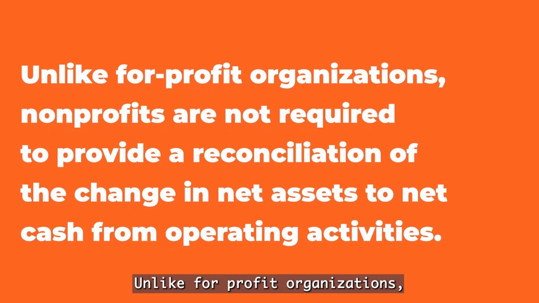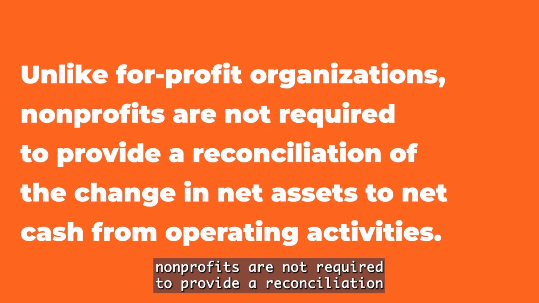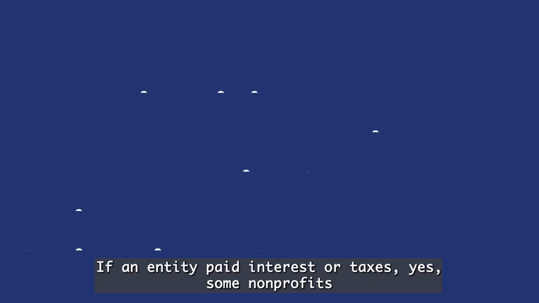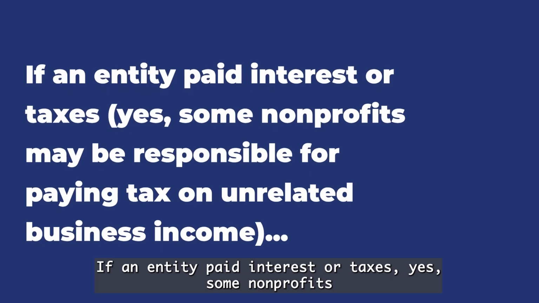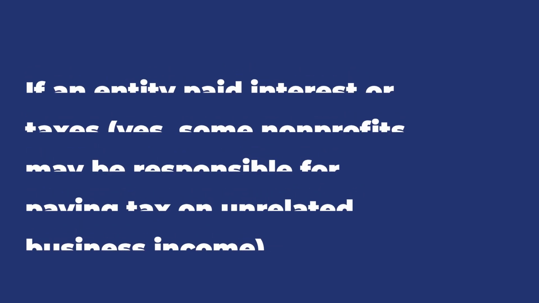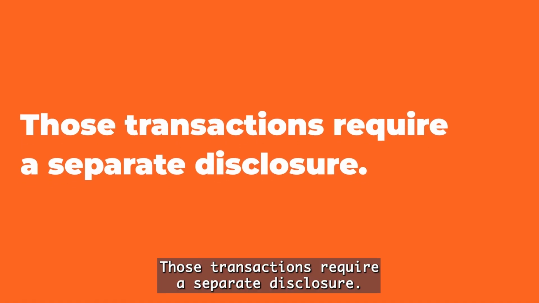Unlike for-profit organizations, nonprofits are not required to provide a reconciliation of the change in net assets to net cash from operating activities. If an entity paid interest or taxes, yes, some nonprofits may be responsible for paying tax on unrelated business income, those transactions require a separate disclosure.